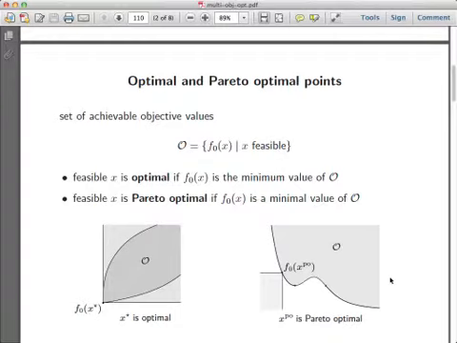Let me say it again, and then I'll explain the graph. No other point from the solution will do better than you unless it sacrifices something from one of the objectives.